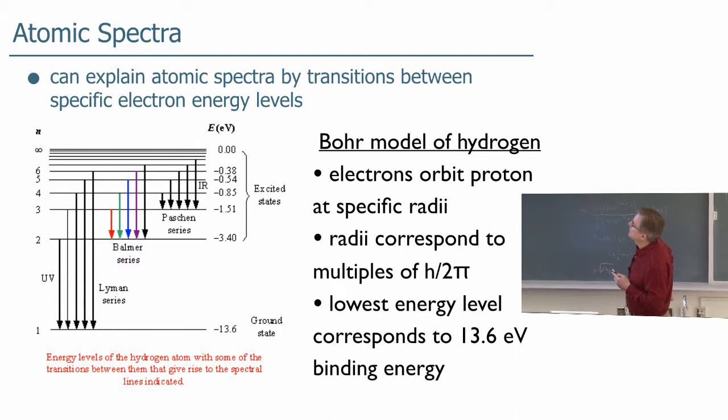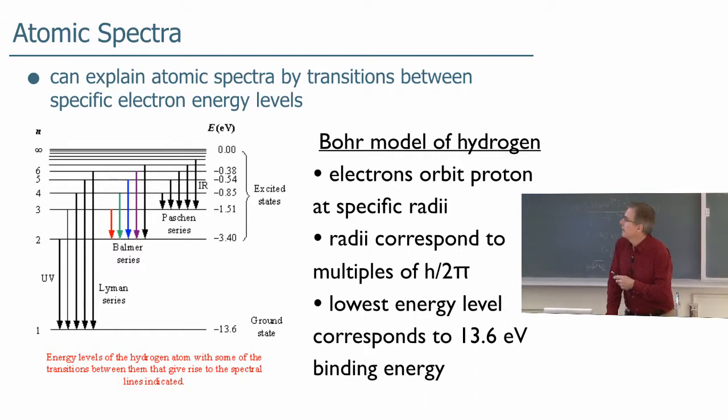And he said, look, electrons are going to orbit a proton like a little planetary system at specific radii. And those radii correspond to multiples of h divided by 2 pi, which we now call h bar. All right? And the lowest energy level corresponds to 13.6 electron volts.